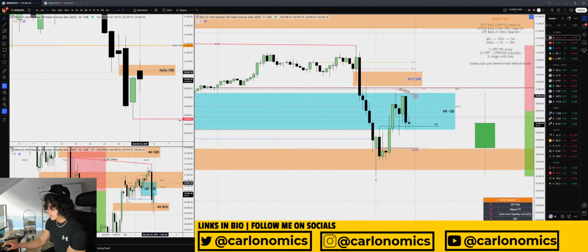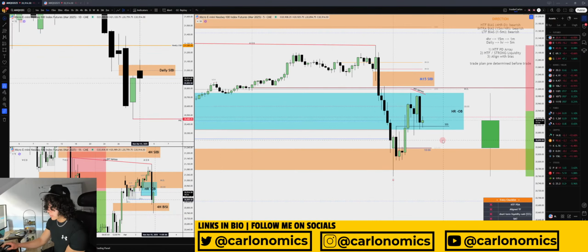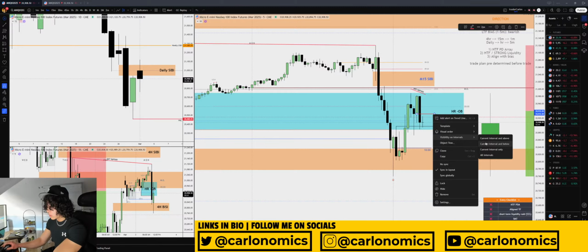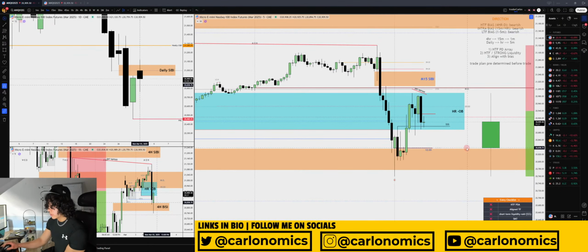Normally, I would have wanted us to retrace into this 15-minute imbalance and look for shorts, but if we're going to respect this OB, then let's see. So we already had that change in the state of delivery.